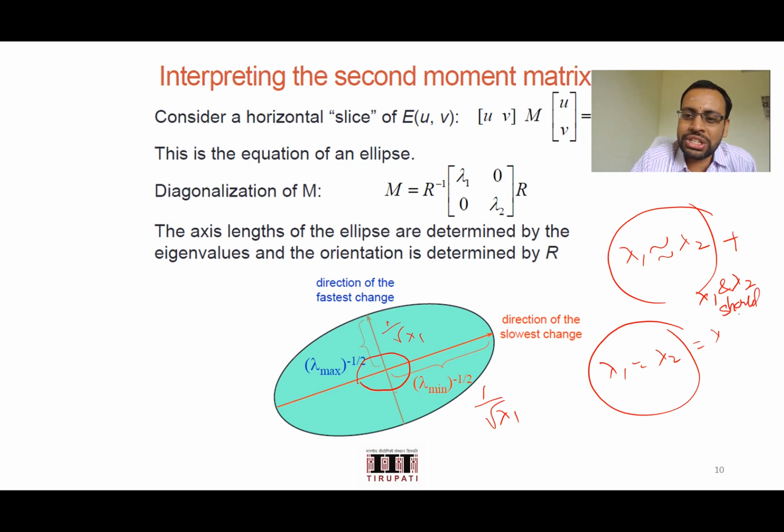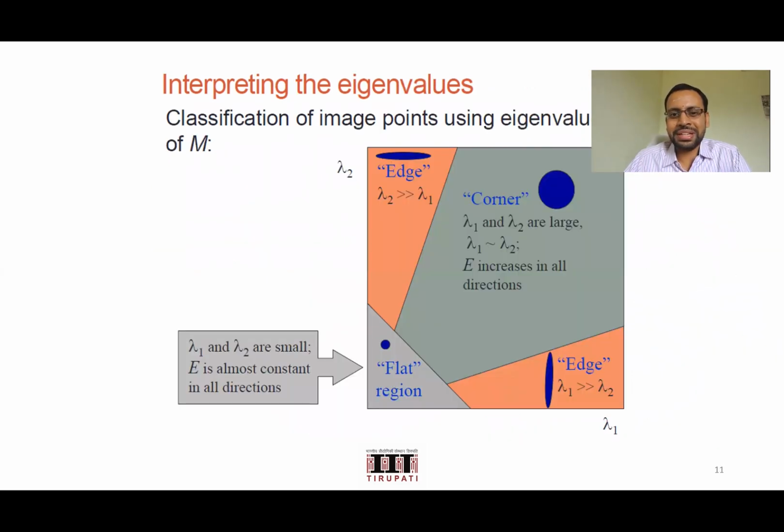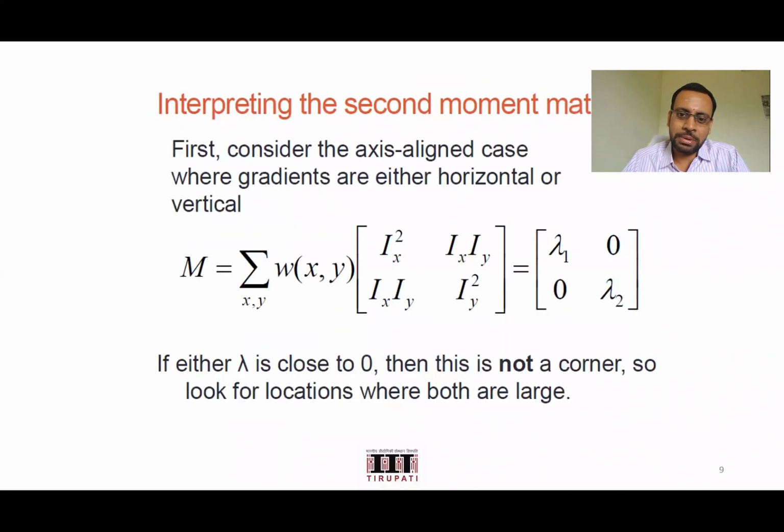They should be large, because when they are large, this length would be small, 1 by square root of lambda. Now, this is what you can infer from lambda 1 and lambda 2 values. Suppose lambda 1 is very high, how can I make an interpretation for that?